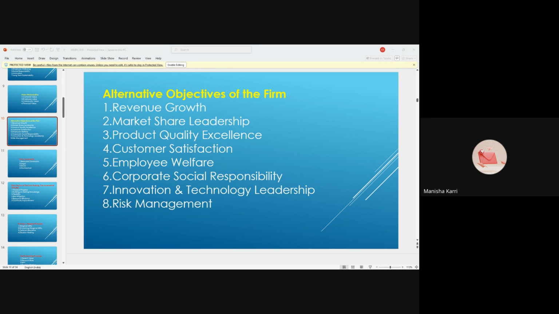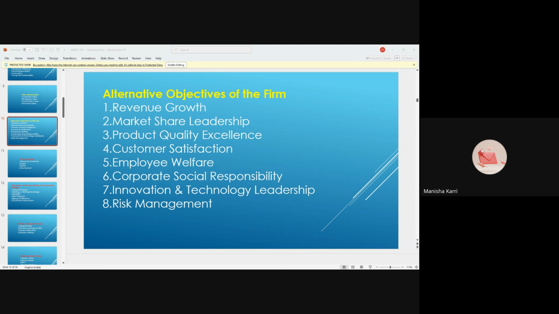Okay. Innovation and technology leadership. Here, the firms prioritize innovation and aim to be leaders in adopting new technologies and developing innovative products, which can help them stay ahead of competitors and meet changing customer needs.